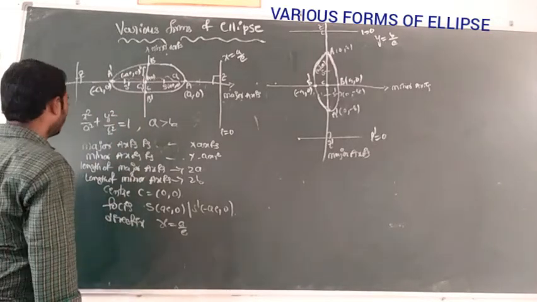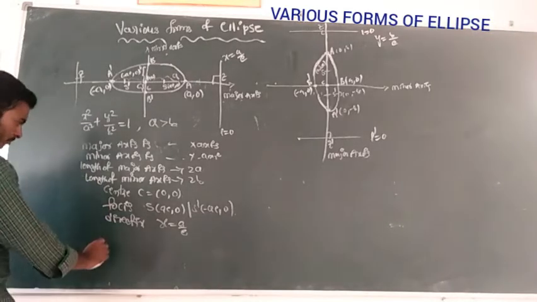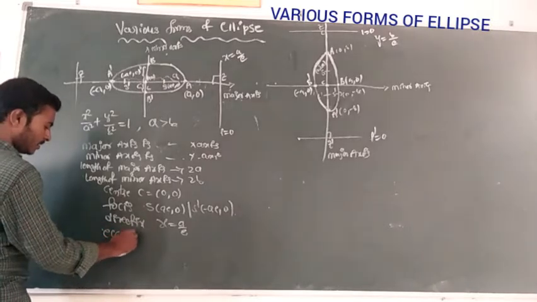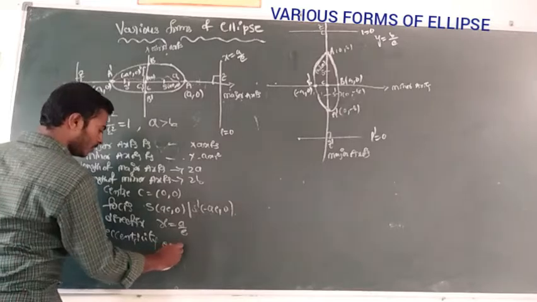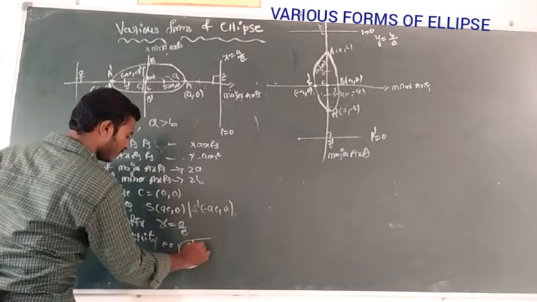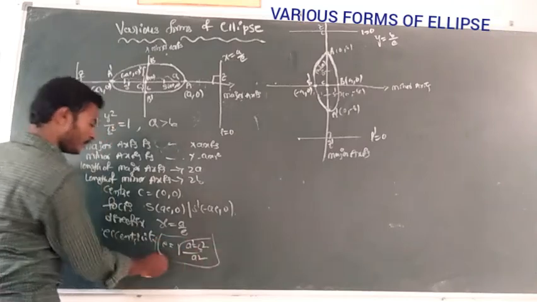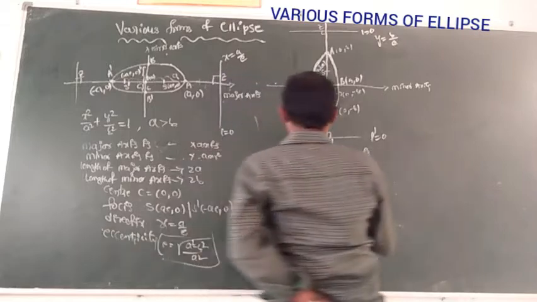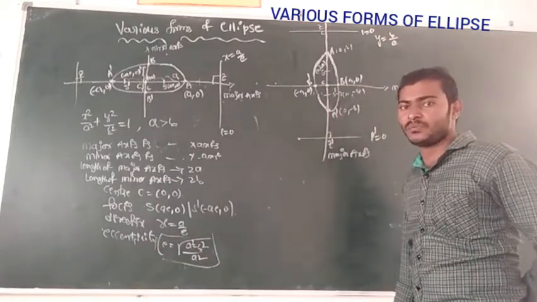And eccentricity e equal to square root of (a square minus b square) by a square. So this is the eccentricity. Same as usual in this diagram, we can see similar points.